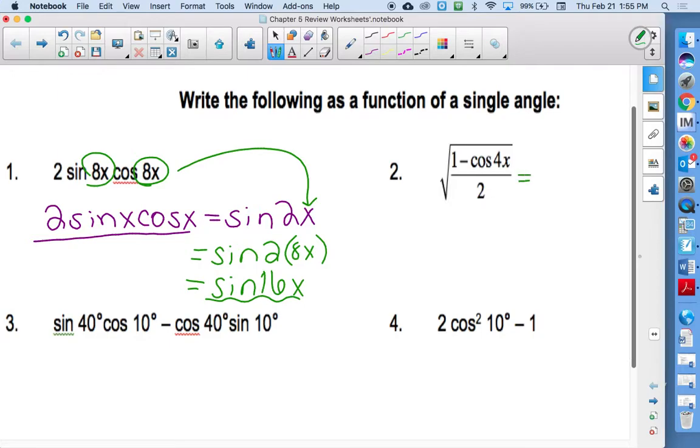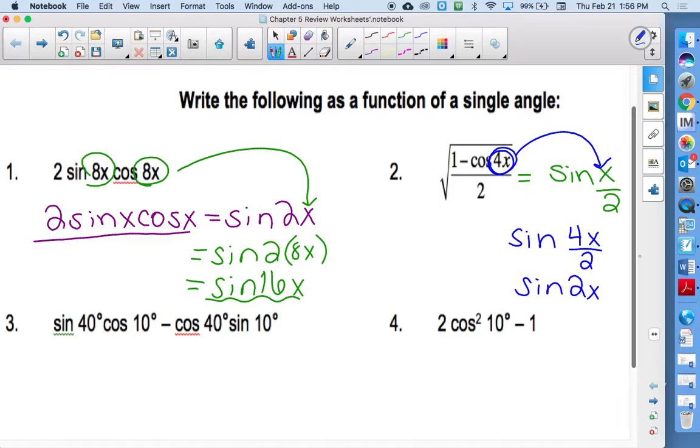Sine of x over 2. She said this looks like the sine of x over 2, except the angle is 4x. So you're taking that 4x, plugging it in for your angle, and then cutting that in half, because you're taking half of the angle. So this becomes the sine of 2x.